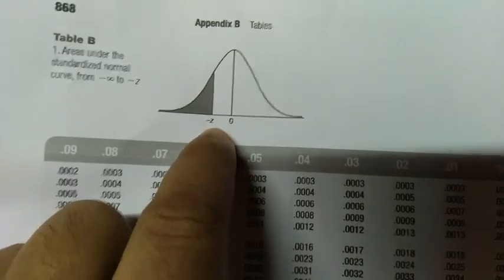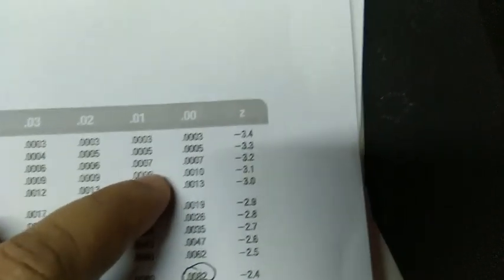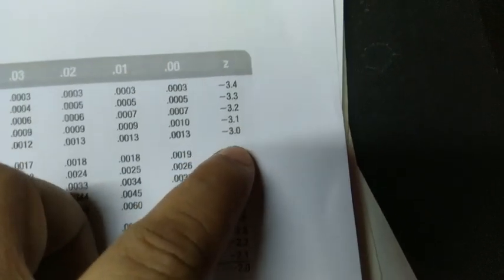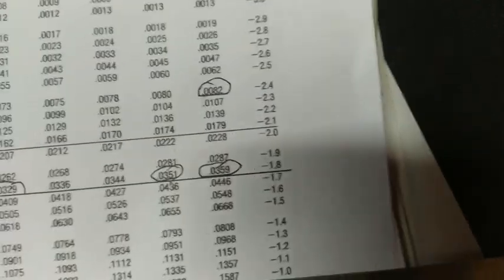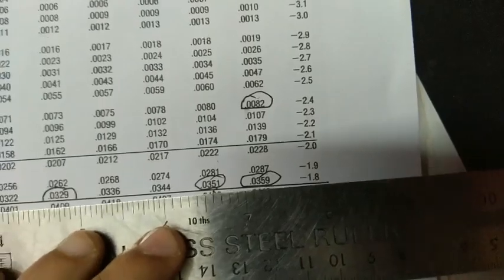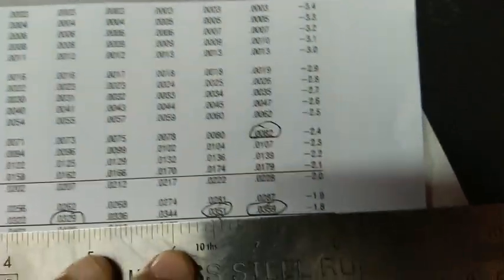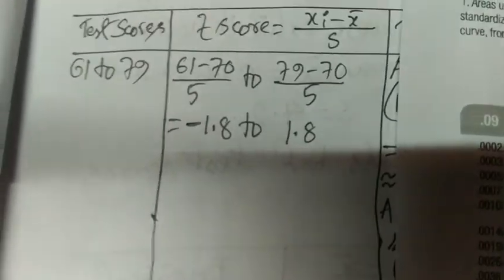So first we will find the table where the values of z are negative. So we need to find out the right row for z, that is minus 1.8.